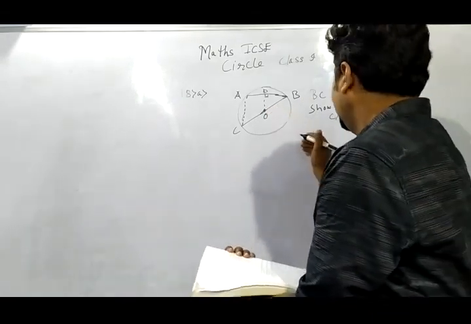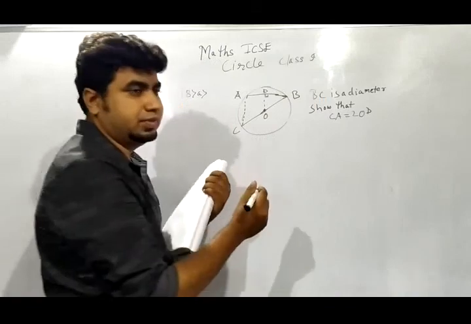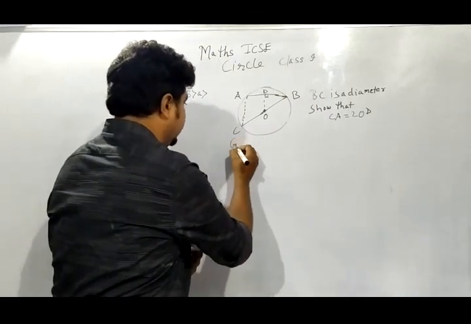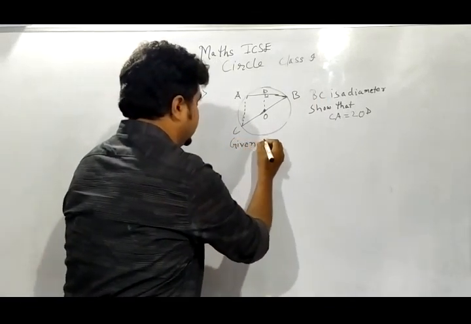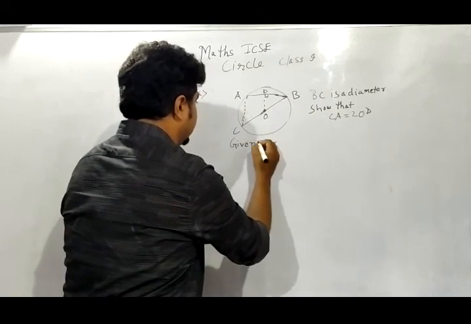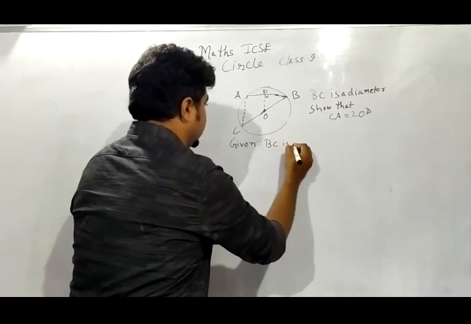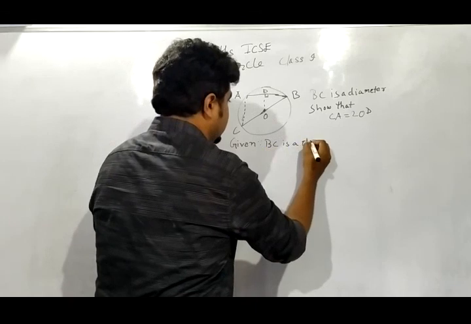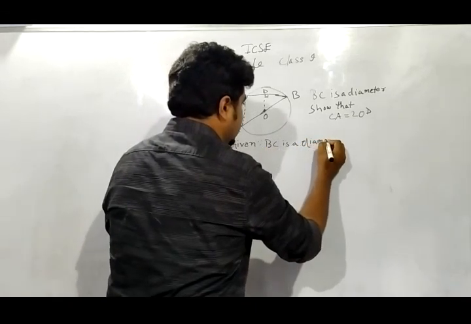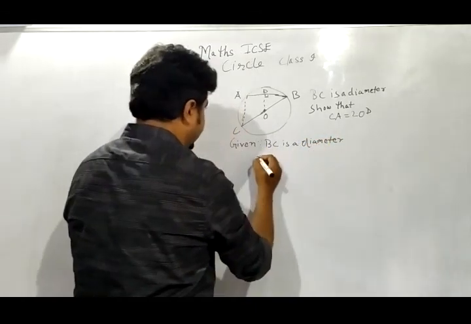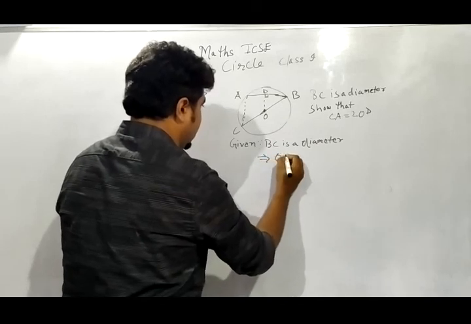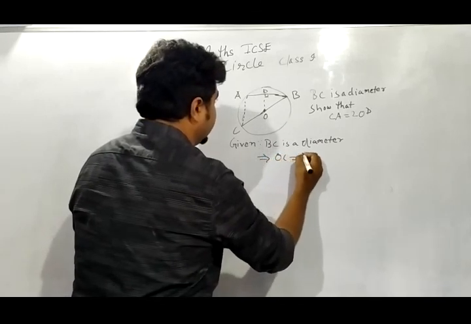So the given part is, since BC is a diameter, that implies OC will be equal to OB.